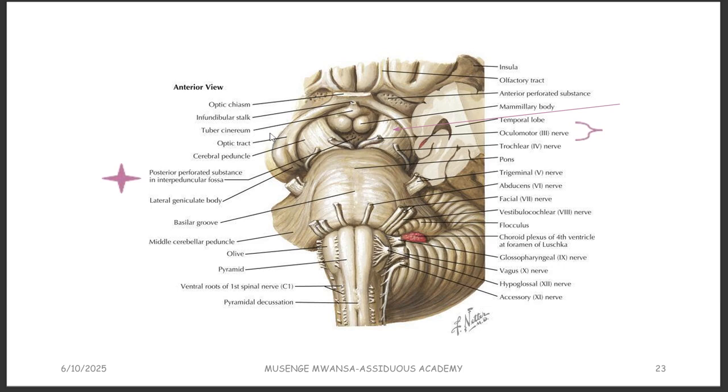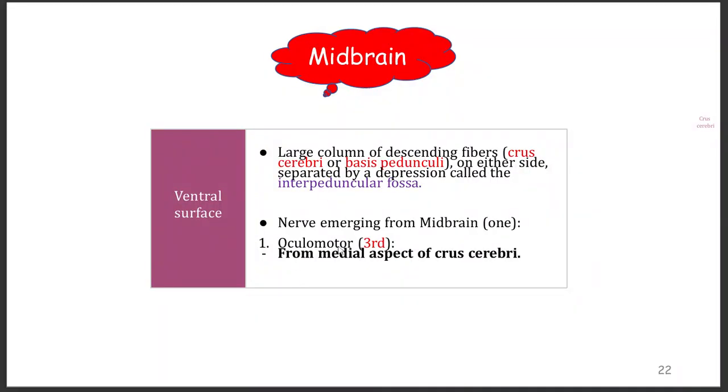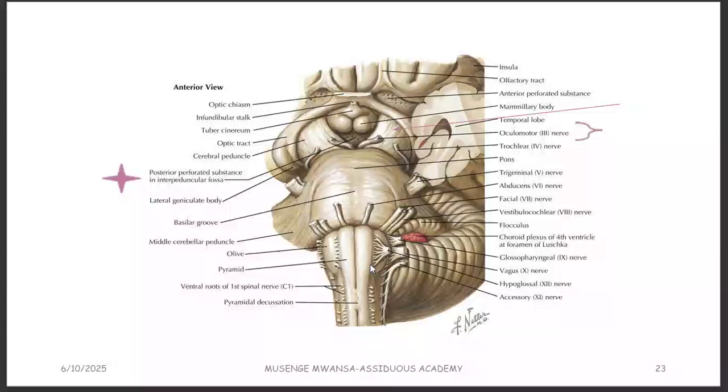I hope that makes sense there. And you can see, of course, connecting the midbrain to the cerebellum, you're going to have the cerebellar peduncle, the superior cerebellar peduncle. Okay, that is important to know. And then the nerves that are emanating from the ventral surface of the midbrain, you just have one, which is the oculomotor, from the middle aspect of the crus cerebri.